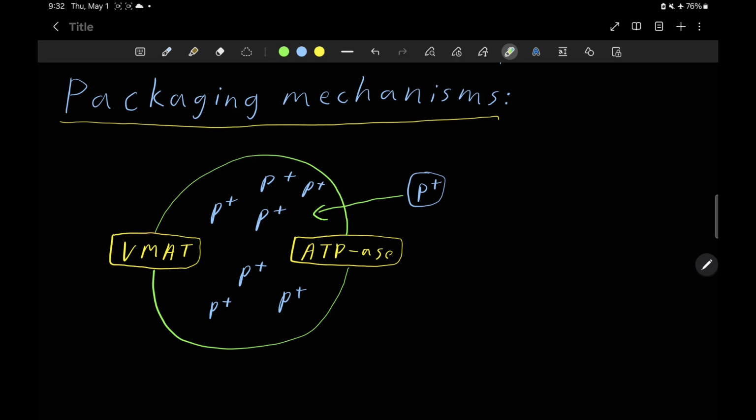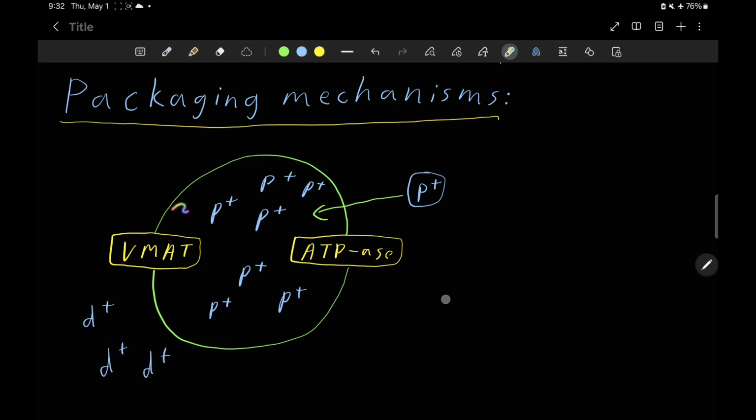What the second enzyme is called is an antiport, and it can exchange these positive protons for positive cationic messenger molecules that are outside the storage compartment. So for example, let's say you have positively charged dopamine outside, right?